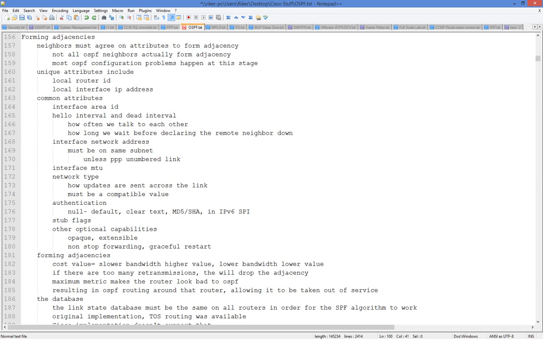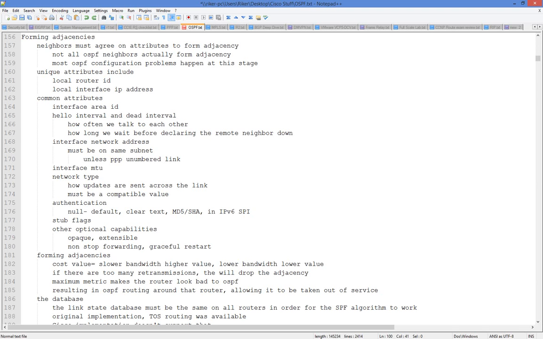Now, if they are not compatible, you'll get to the exchange state, you'll form an adjacency, and the link state databases will exchange information with each other, but the problem will be when you get to run SPF and take the best routes from the link state database and install them in the routing table, they won't go in the routing table.